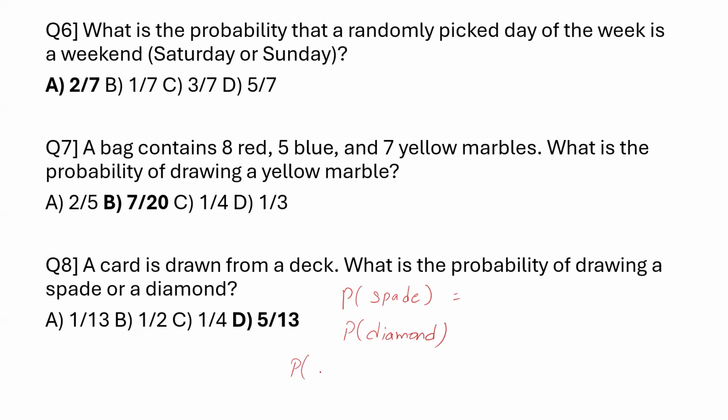And probability of a spade or diamond is equal to probability of spade plus probability of diamond. It is a plus because 'or' is written, right? This will give you your final answer.